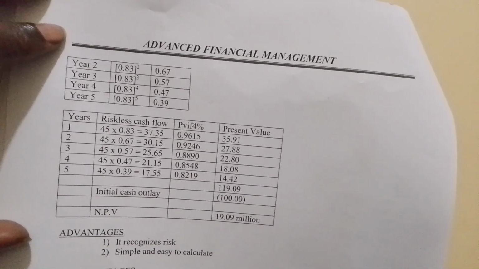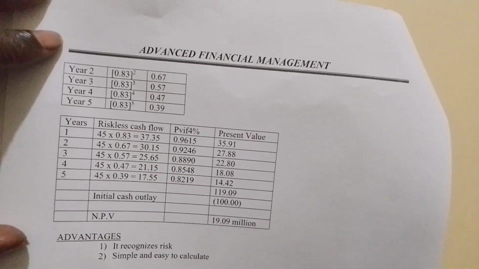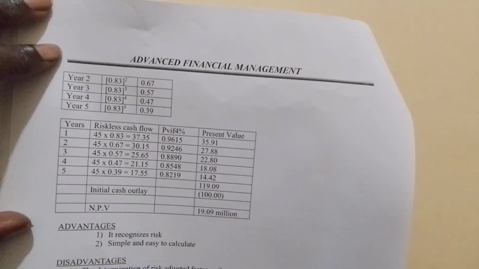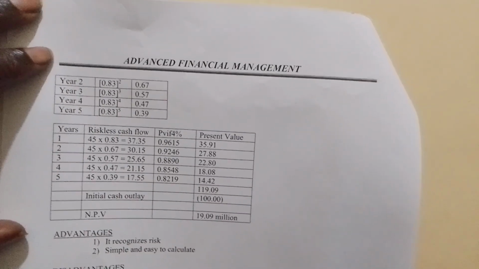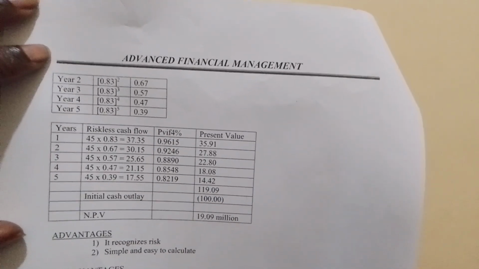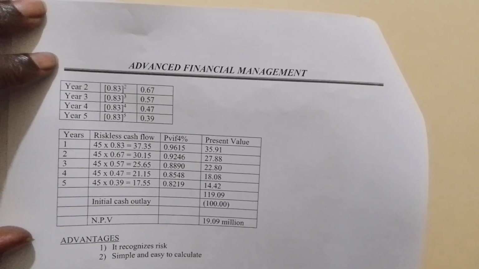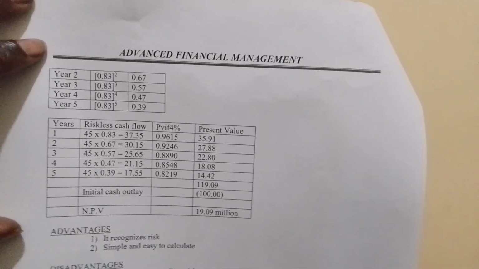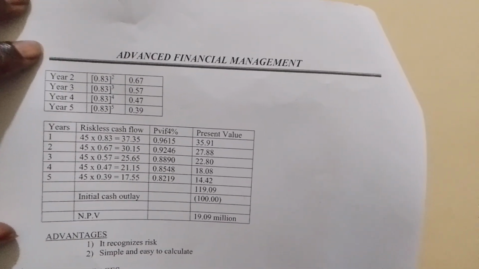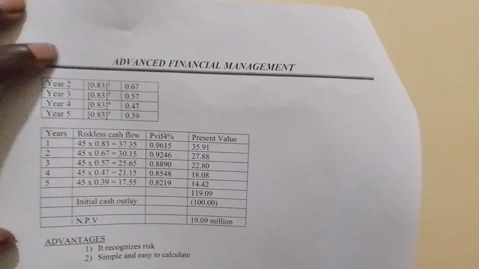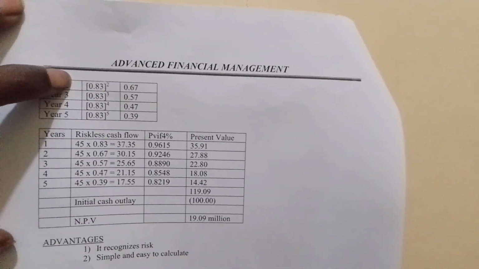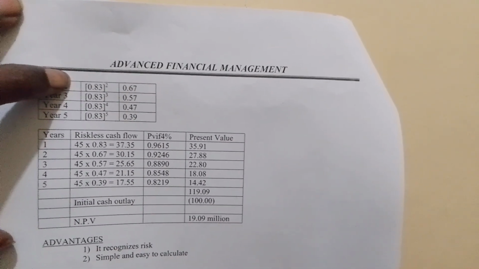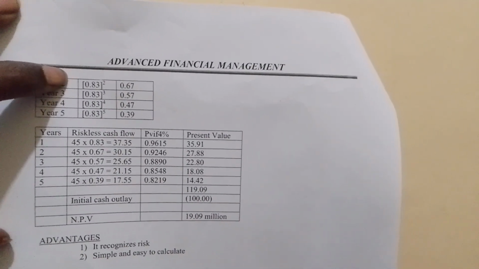The riskless cash flows: this project is generating 45 million each year for those 5 years. Then you multiply by those figures that appear just up there. For year 1, we got 0.83. For year 2, which is just up here, 0.67. Year 3, 0.57, year 4, 0.47, year 5, 0.39.